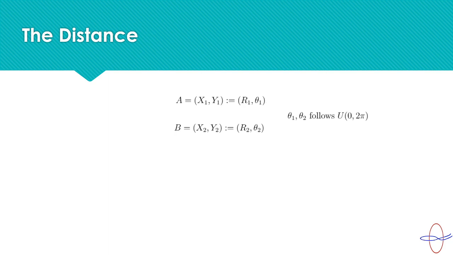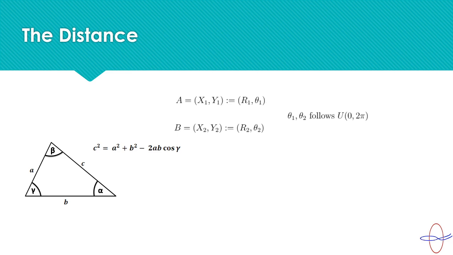Now you know that θ1 and θ2 follow uniform 0 comma 2 pi, and to calculate the distance square between them, we have the cosine law at our help, and it's r1 square plus r2 square minus 2 r1 r2 cos(θ1 minus θ2). Now we need to calculate the expectation of d square, right? So we need to calculate the expectation of r1 square, r2 square, and that stuff. You know the distribution of θ1 and θ2, so somehow you can calculate that stuff, but what about r1 and r2? You don't know the distribution till now.